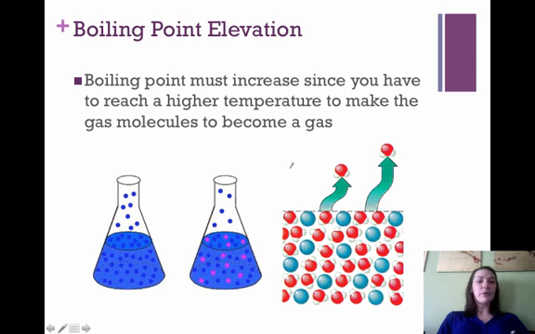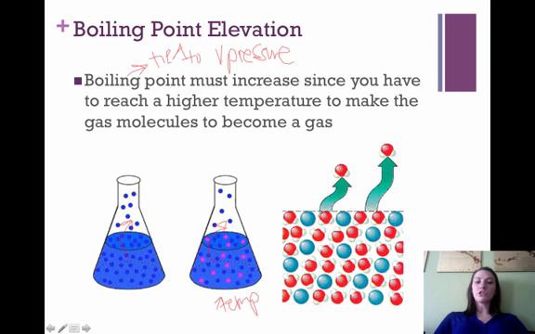Boiling point elevation. Boiling point is tied directly to vapor pressure. If you look at the same 2 pictures, we're talking about the change from liquid to gas, okay? And you're going to have to raise this one right here to a much higher temperature in order to get the same number of particles into the gas phase, because just like we said, the solute particles get in the way.